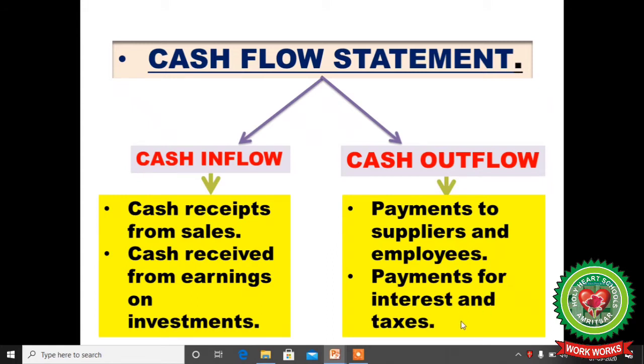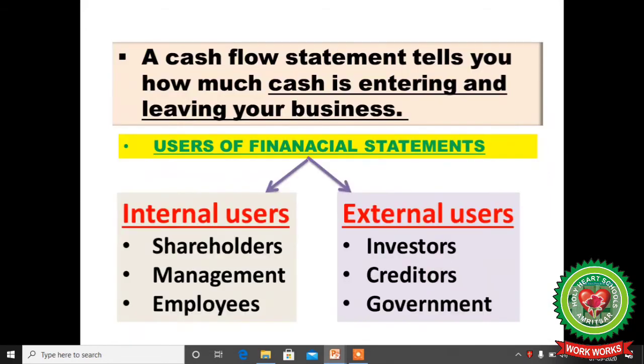You paid the amount for all such expenses. A cash flow statement tells you how much cash is entering and leaving your business. So how much cash you received and how much cash you used for your expenses. Okay, and the statement known as cash flow statement shows the exact picture of the company.